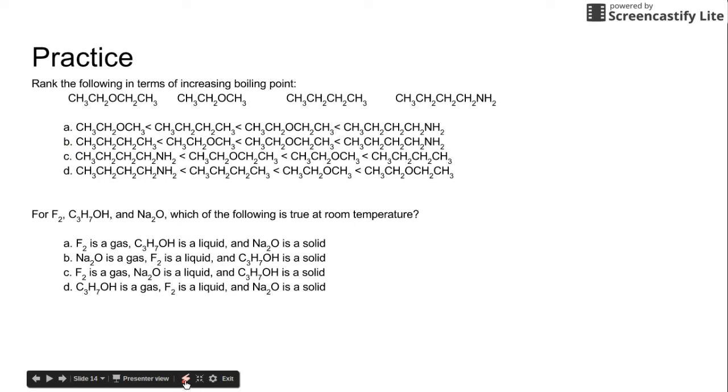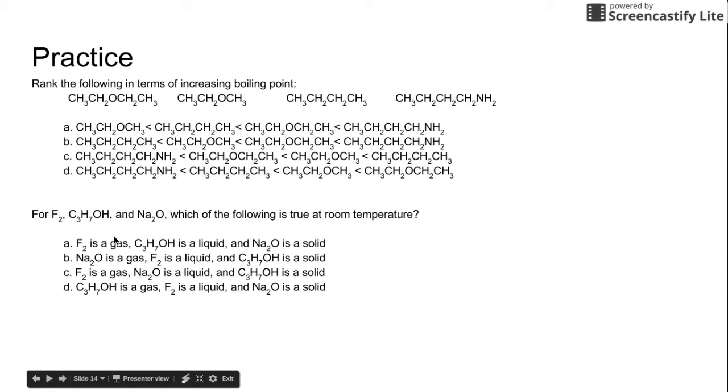Okay, now take a minute and see what you can do with this second problem. All right. In this problem, they're asking you about the states of matter that each of these molecules would be in. Intermolecular forces are the reasons why gases are gases.